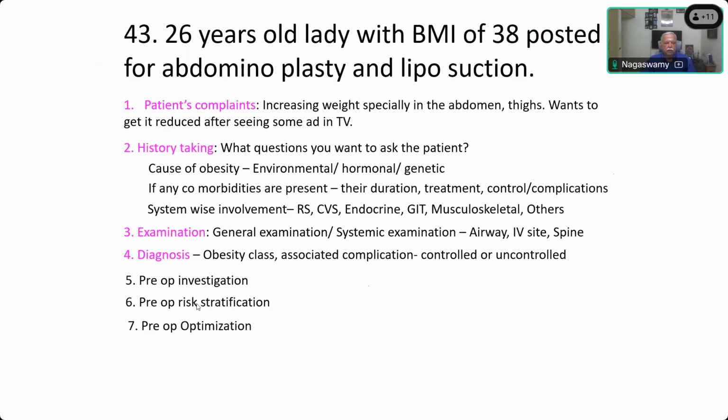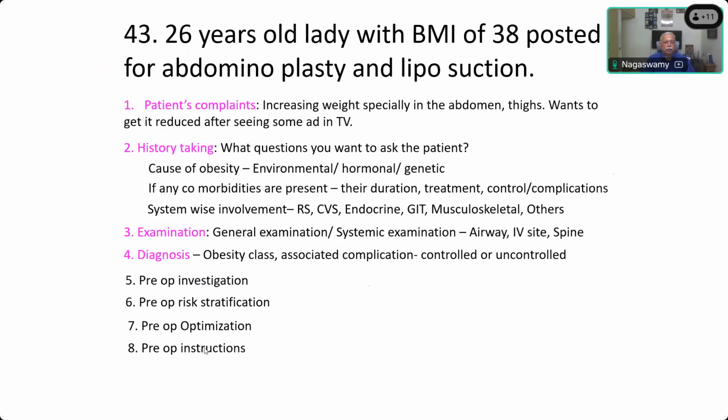And pre-op optimization, what are all the things that you have to do? In that, she mentioned whether the patient is a known OSA patient using a CPAP or BiPAP machine. They should be asked to bring it to the hospital when they come for surgery, so that in the immediate post-op period, it can be applied for them to breathe easily without any difficulty.